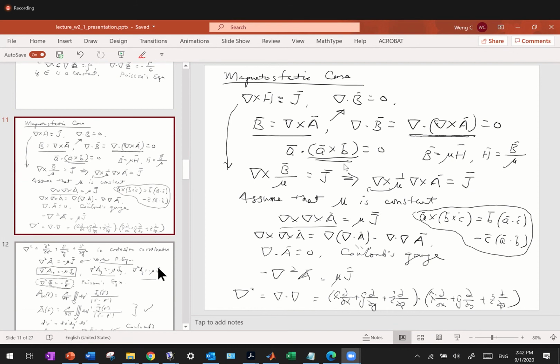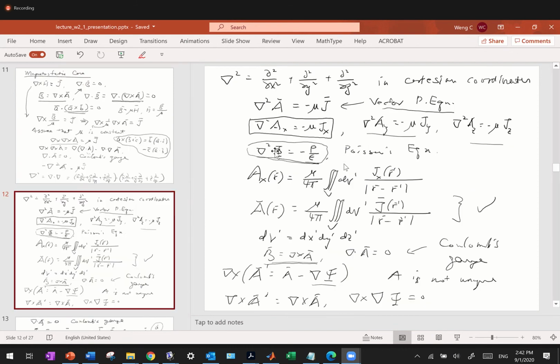This equation is nothing but Poisson's equation in 3 components. You look at the x component, y component, z component, and each of them looks like Poisson's equation. So you can use the knowledge you have gained in solving Poisson's equation in solving this vector Poisson's equation.